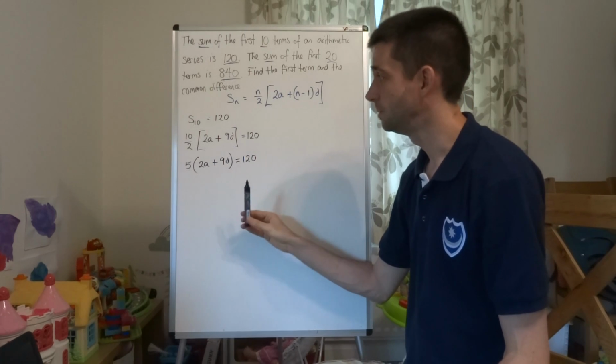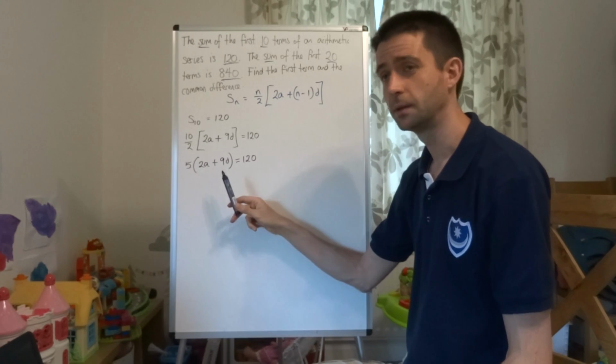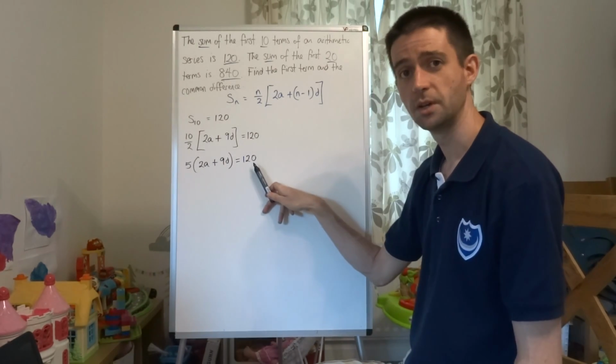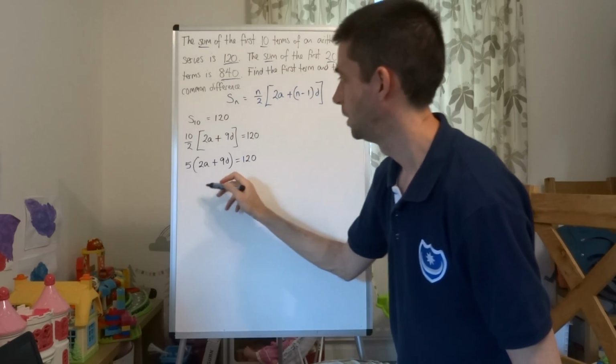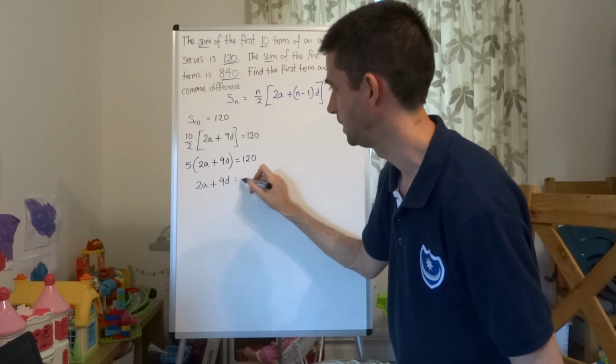Now what I could do at this stage is expand this bracket out, but I'm not going to do that. I can get a simpler equation by dividing both sides of the equation by 5, which gives me 2a plus 9d equals 24.